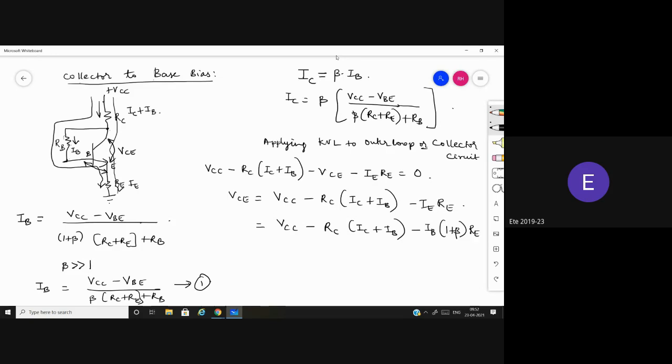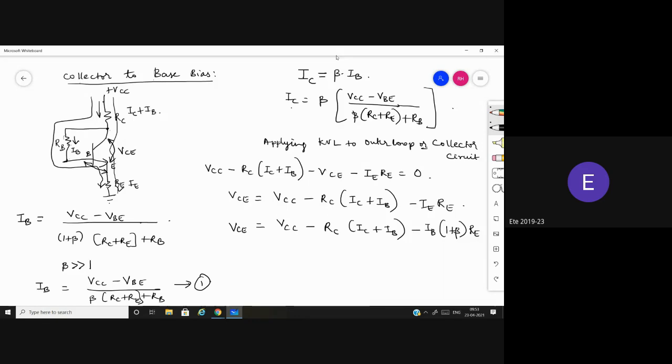In the same way, we can even replace IC by beta IB, similar to what we have done in the last case, or since we already know what is IC here, we can retain that IC value. VCE. Okay, this is the required equation for the collector to emitter voltage. So this is the DC analysis of the collector to base bias.